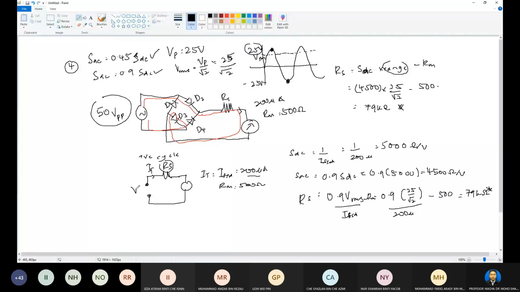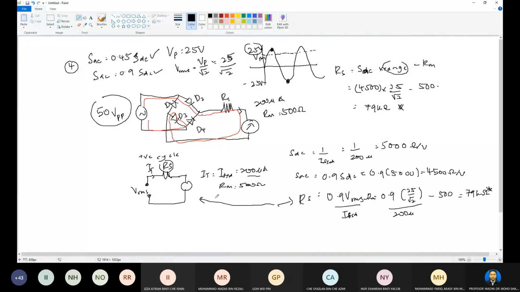To calculate the voltage RMS, it is 0.9 multiplied by VRMS divided by full scale deflection. So this is another formula, and it comes from this circuit. Right, so this is the solution for question number 4.